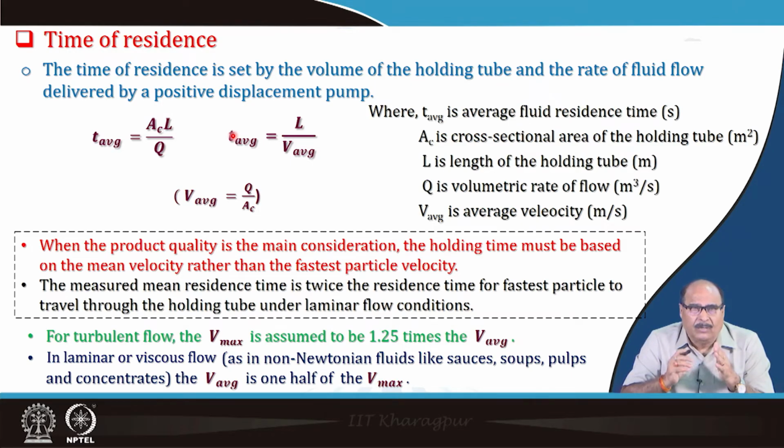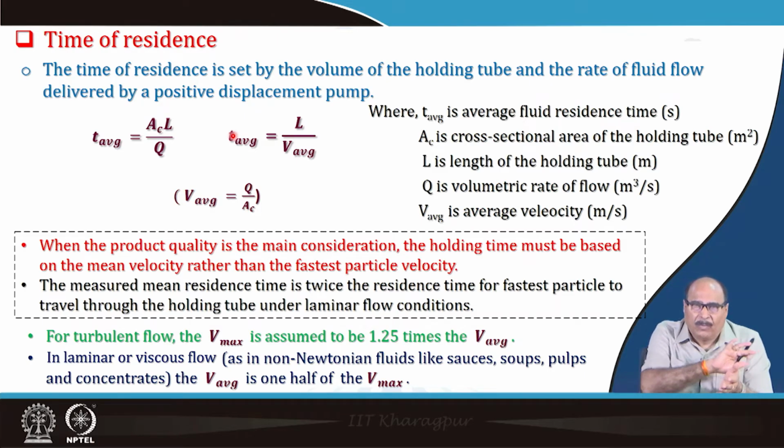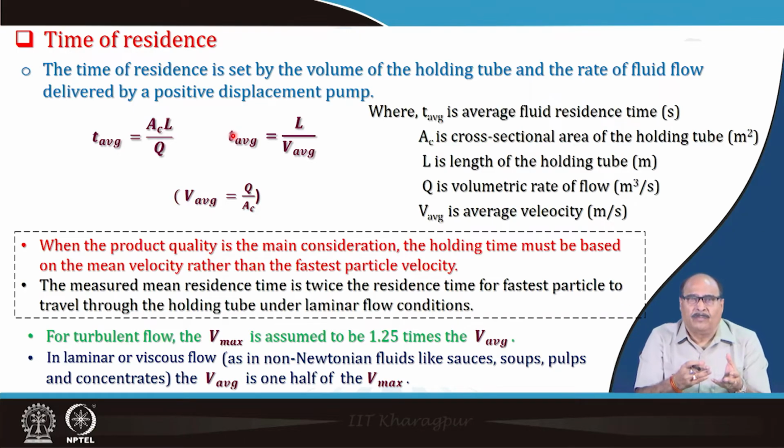Particularly when product quality is the main consideration, the holding time must be based upon the mean velocity rather than the fastest particle velocity, because if you calculate the residence time on the basis of the fastest particle velocity, then the slowest moving particles may be over processed, so under processing or over processing cases may occur.